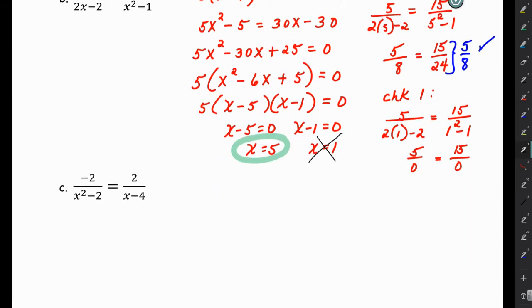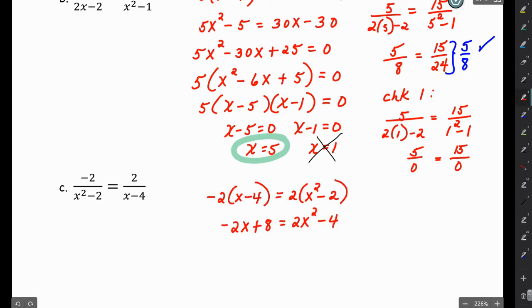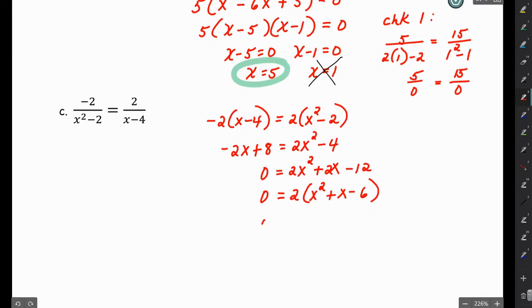Okay, again, for letter C, we're going to cross multiply to start. Distribute. Set one side equal to 0 and solve. I'm going to take a 2 out before I factor. So x is either equal to negative 3 or x is equal to 2.